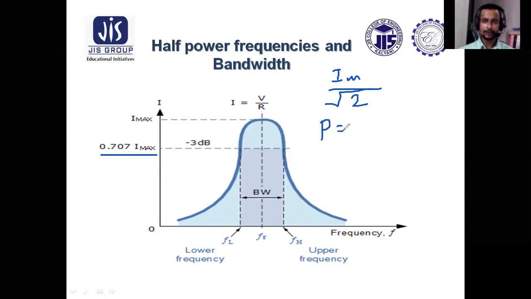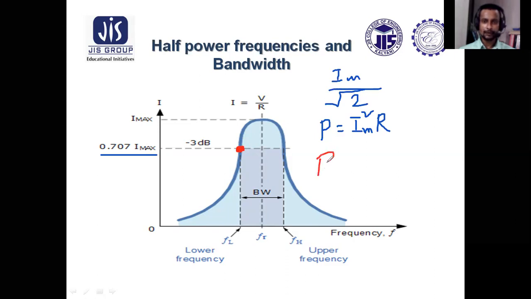P equals I square R. At resonance, power will be Im square R, as current Im is flowing. But at this frequency, which is denoted by FL, the current is Im by root 2.